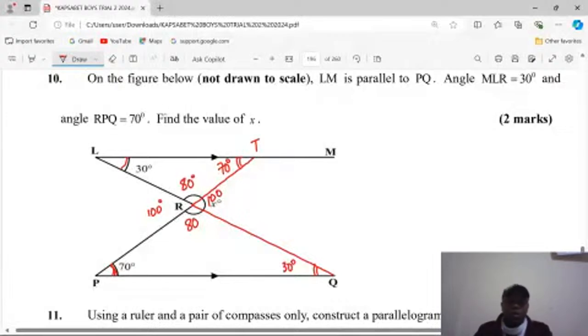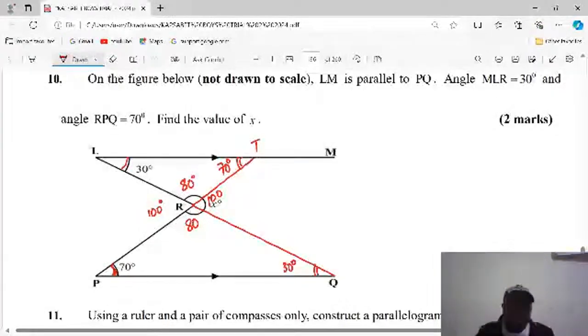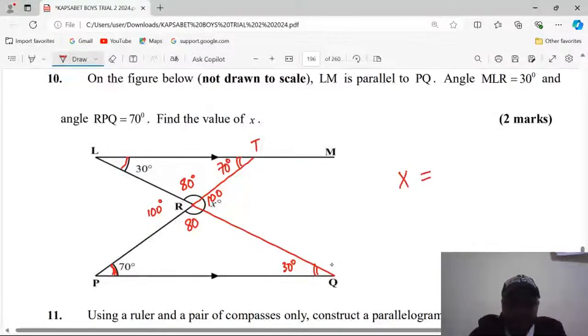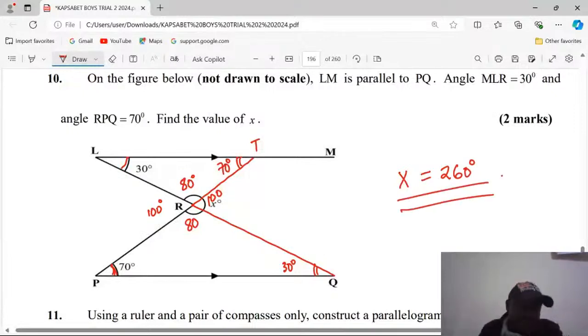Therefore, we have filled now all the angles, but the angle marked X, it's going to be 80 plus 100 plus 80. This is supposed to be exactly 260 degrees.